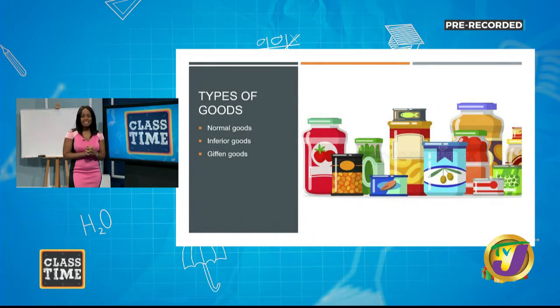What might be happening is that meat is something that they usually purchase. They normally purchase potatoes too, and I'm using the potatoes as the example of the Giffen good. But the price of meat has gone up and the price of potato also goes up.